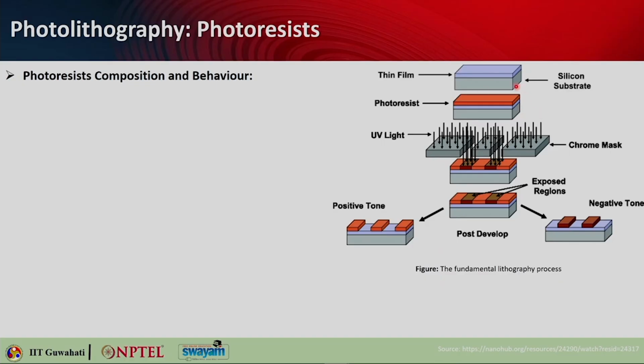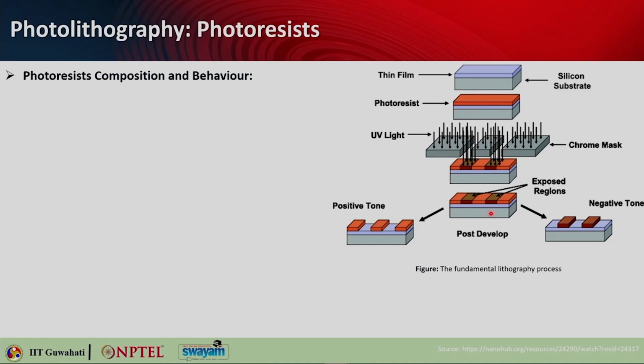As you can see, you have a silicon substrate and you have a thin film deposited on this. We have discussed the methods of thin film deposition in the previous lecture. Now, after that you can spin coat a photoresist, that is a chemical, and then you have this particular chrome mask. It is a mask made of chromium. You can see there are openings in the mask, and when you expose UV light to it, UV light rays are blocked where the metal parts are, but they can go through onto your photoresist where the mask is open, and that way you get these exposed regions.